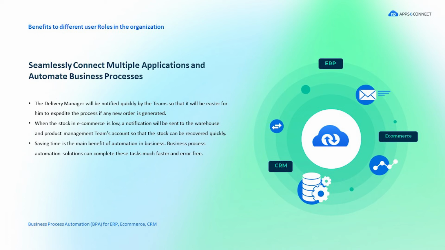On the other hand, if a quotation is created by the sales representative of an organization in Zoho CRM, the finance manager will receive a notification regarding that, and he will focus on the invoice part. He can generate the invoice quickly in that case.